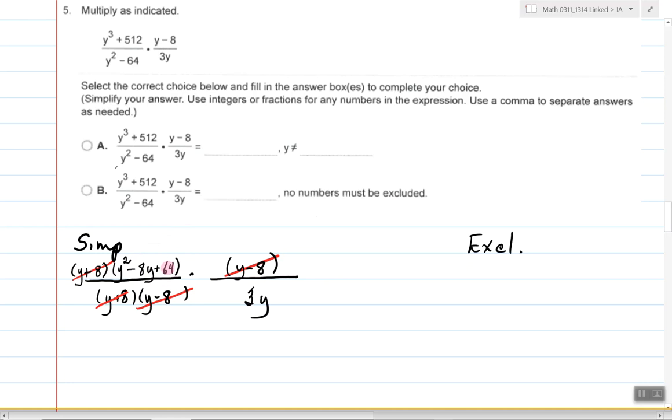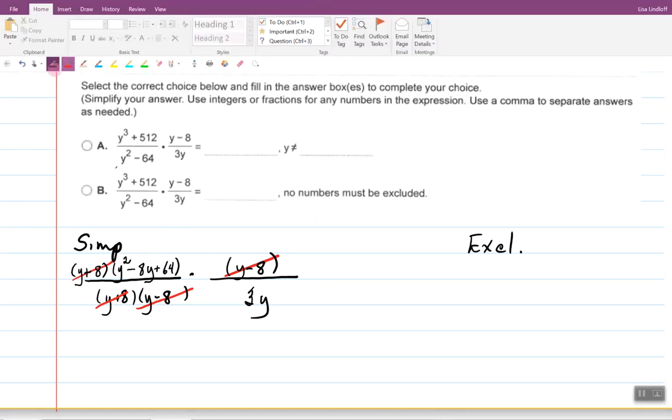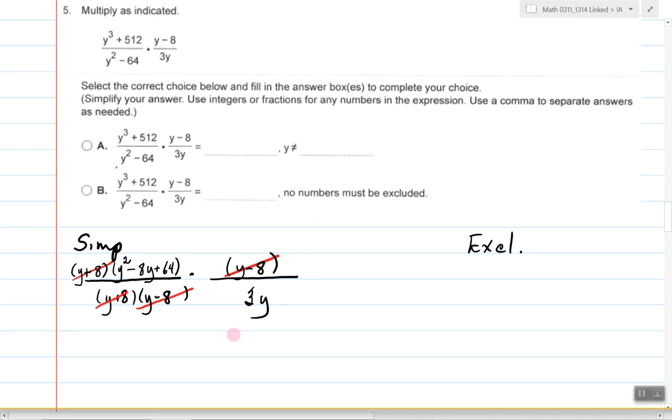So that's finished. What I have left over in the numerator is y squared minus 8y plus 64, and in the denominator I have 3y. Now, I don't get my exclusions from here. I get my exclusions from all of this.